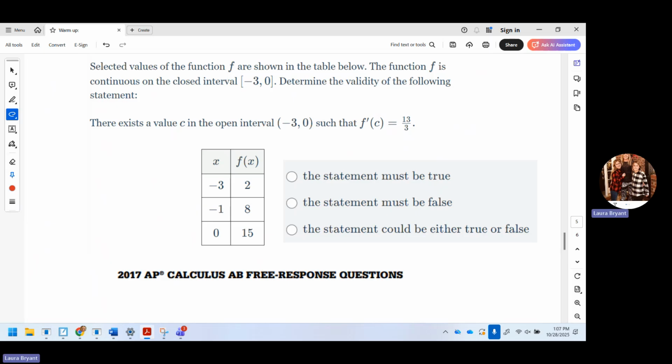So now we're told on this one, the function is continuous. Okay, and then it says there exists a value C. So I'm looking to see, does the slope ever come out to be 13/3? Okay, so I think it's from here to here.